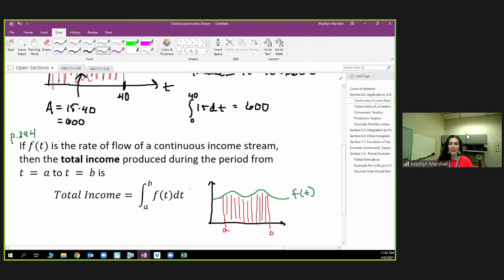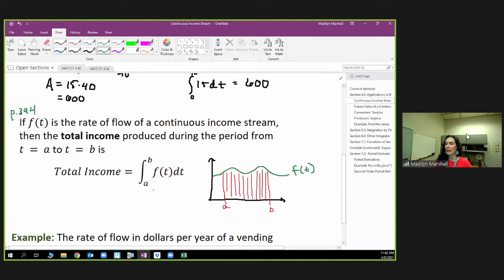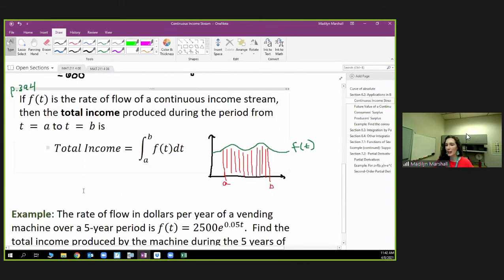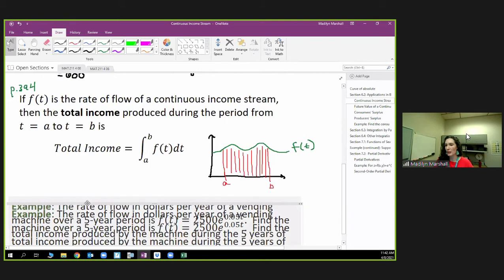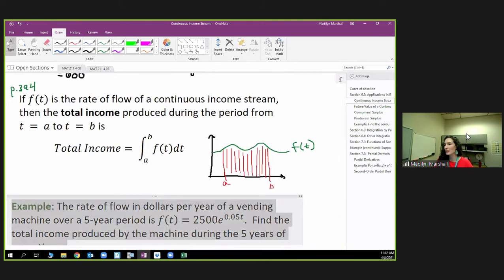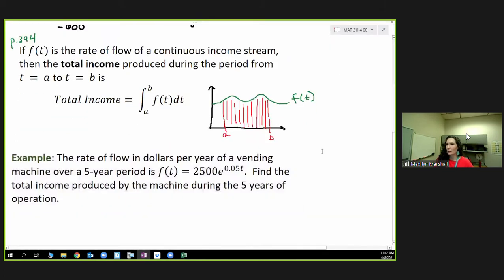So this is the formula. It's just a definite integral, which we've been doing for a few sections now. So let's look at an example of how we would apply this in a situation where this would actually happen. I'll give you a moment with this example.